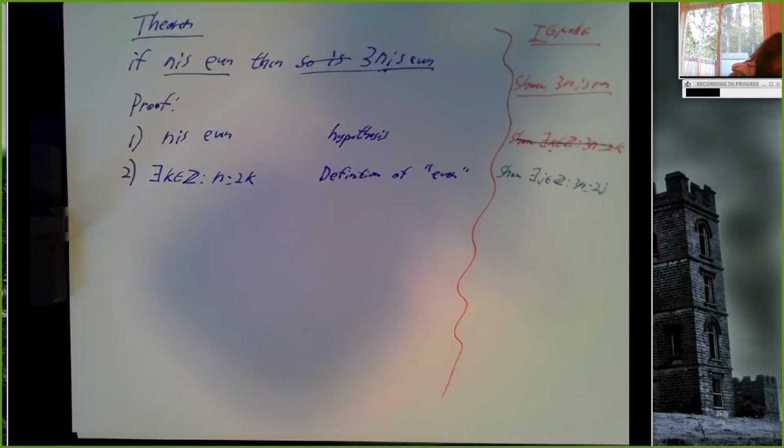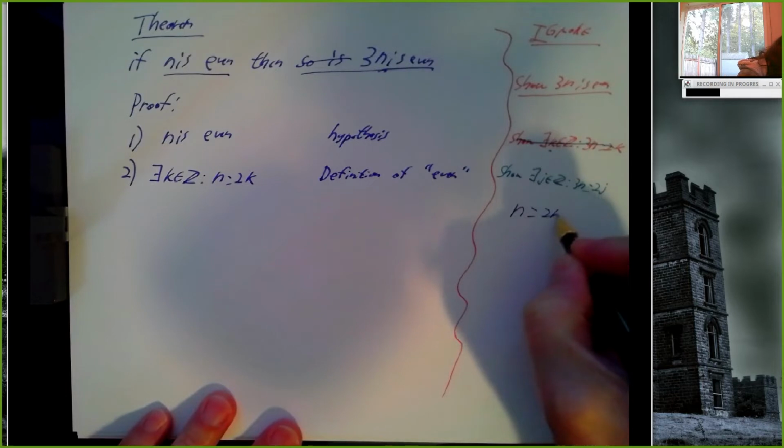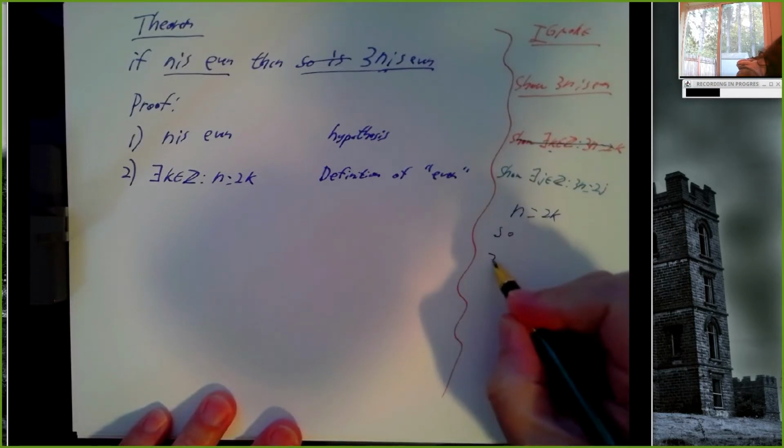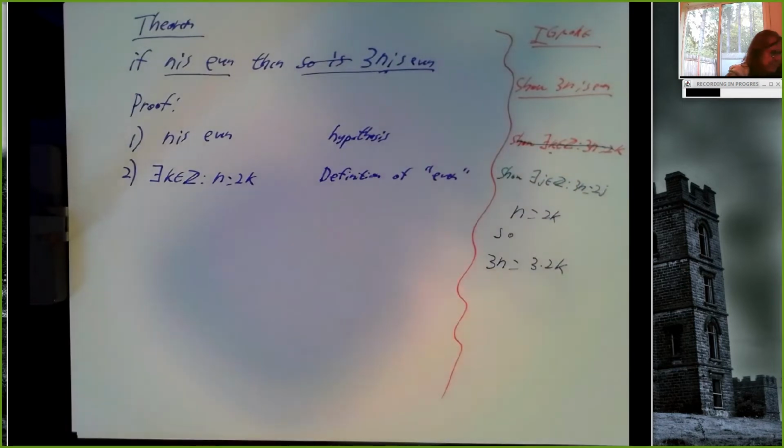Well, the way I would go about it, since we already have an equality of n and 2k, I would multiply both sides of that by 3. So then we have 3n is equal to 3 times 2 times k. Then I would rearrange the variables because of one of the properties, I think it's association?